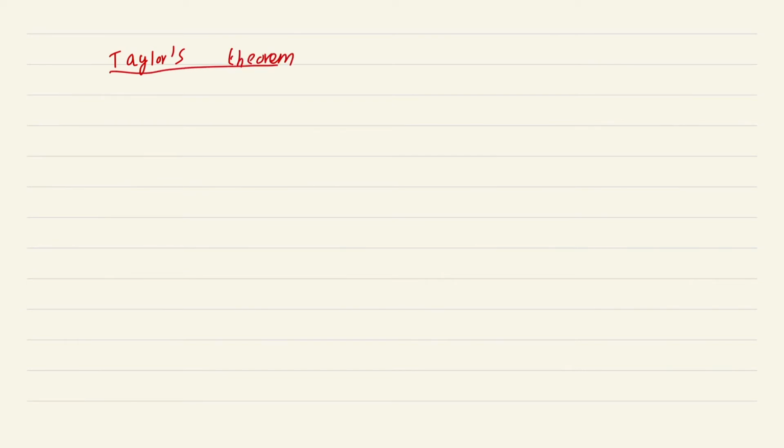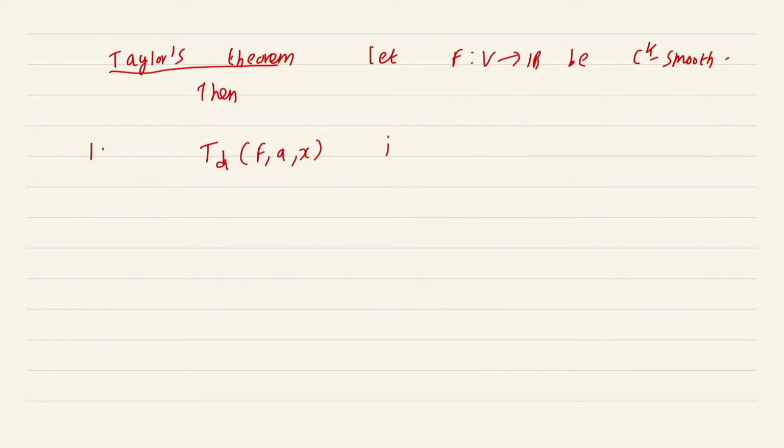Let f from U to R be C^k smooth, then number 1, T_d f a (x) approximates f up to order k near a.